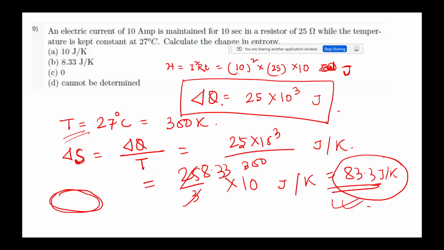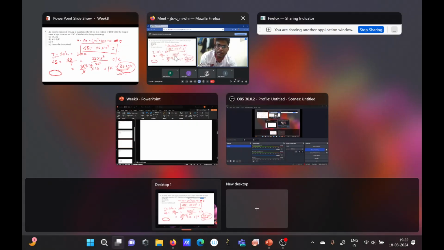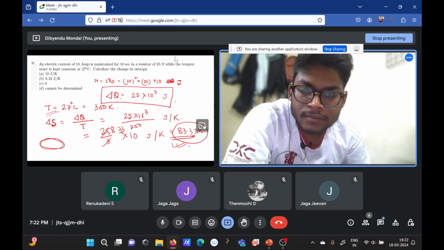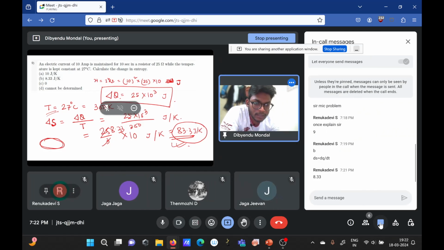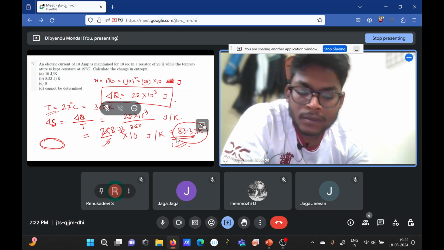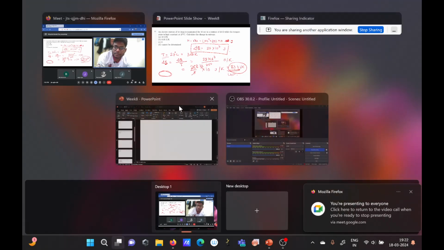Okay. Clear? Renuka? Let me see what C. Yes, dS is equal to dQ by T. Yes. Okay.